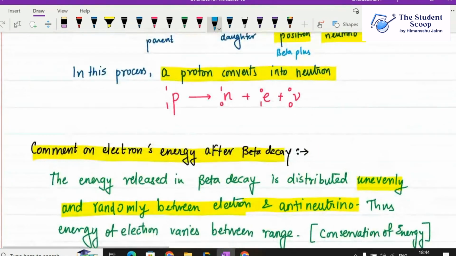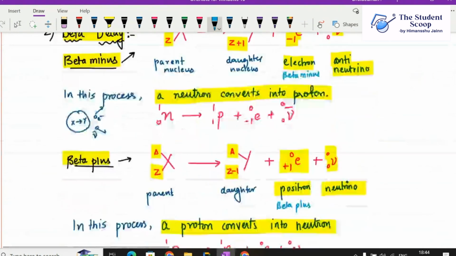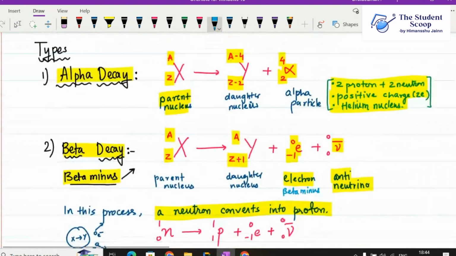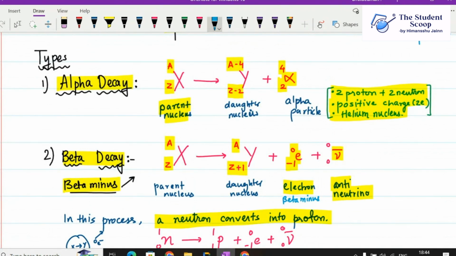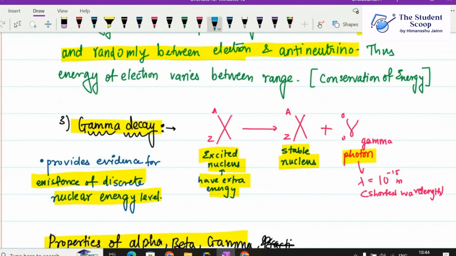A nucleus in the initial state, depending on how much energy it has, decides whether to go by alpha decay, beta decay, or gamma decay. Because the energy released in alpha decay is very large, as the alpha particle has a lot of mass. Then beta particles have lesser mass than the alpha particle, and then the gamma particle is almost massless. It is massless basically.